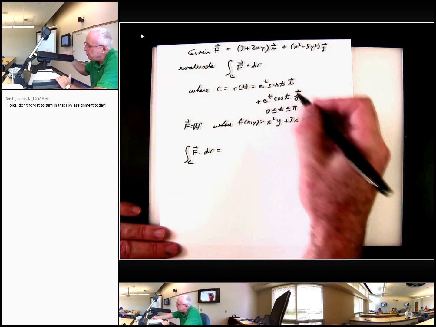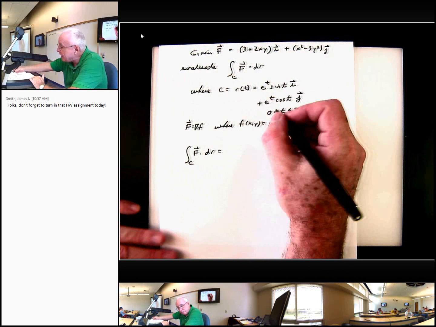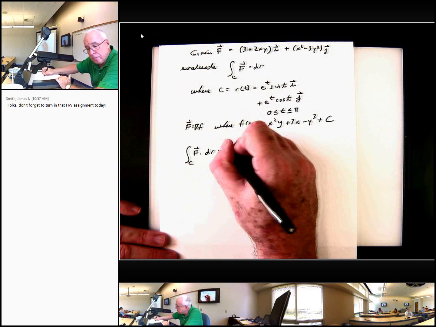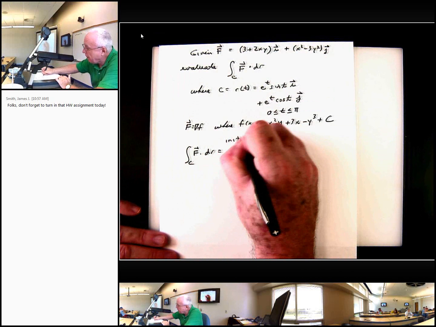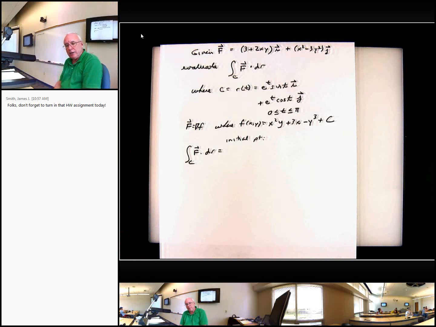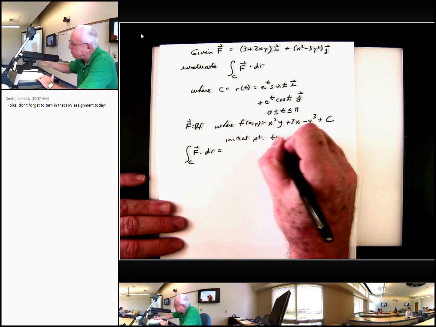Here's my curve. I'm basically going to my initial point. Let's see, what are my values for my initial point? This is when t is equal to 0.